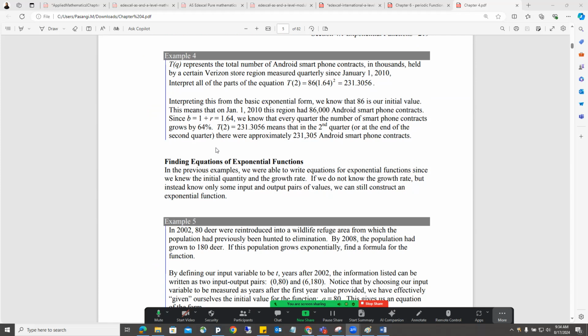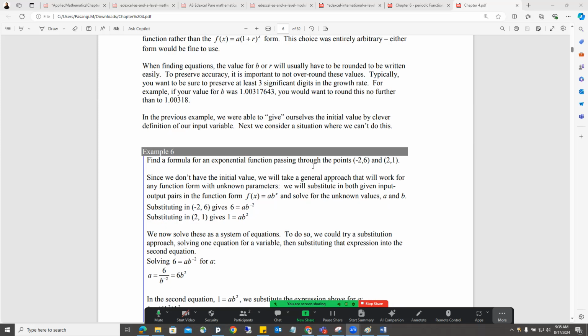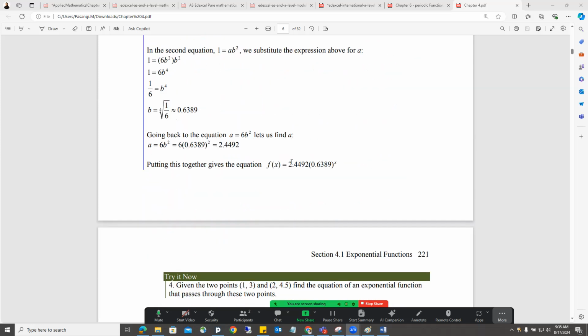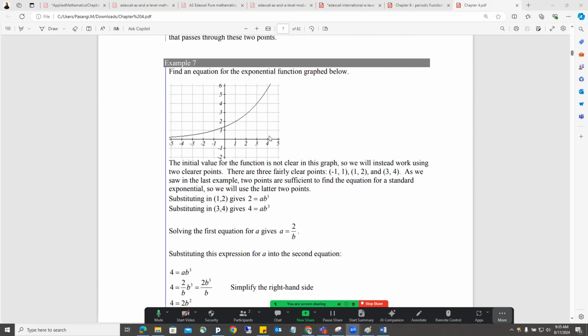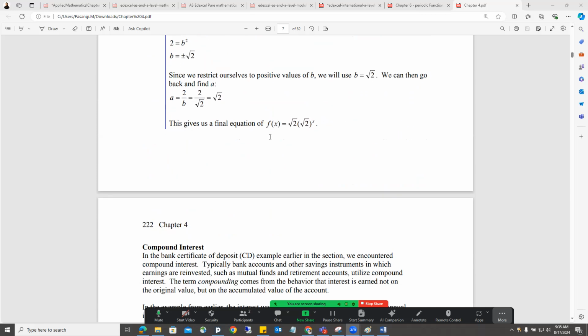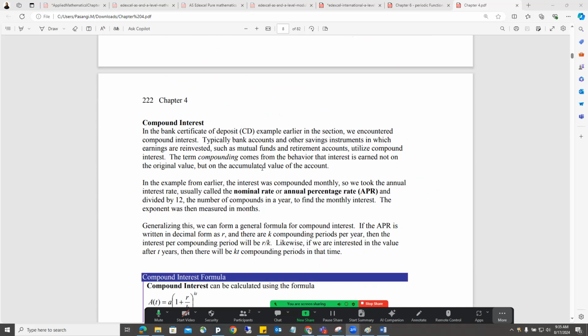Now I think we have to start with finding equations of exponential functions. No, we did this one as well. 2.4492 we did. I can remember that one. Now we have to start with the compound interest.